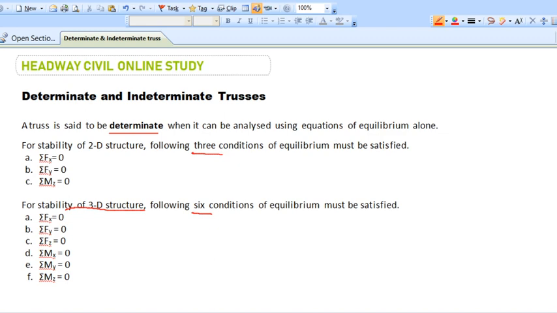Summation of Fx equals 0, Fy equals 0, Fz equals 0, summation of Mx equals 0, My equals 0 and Mz equals 0. Here you need to remember how many available equations of equilibrium there are. In case of 2D there are 3, and in case of 3D there are 6.